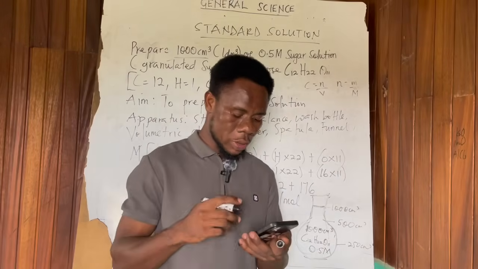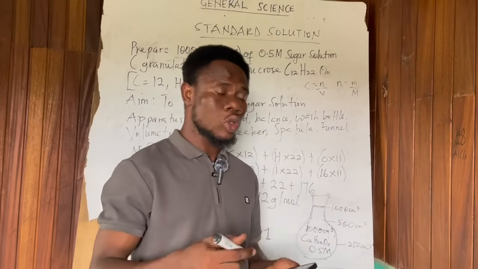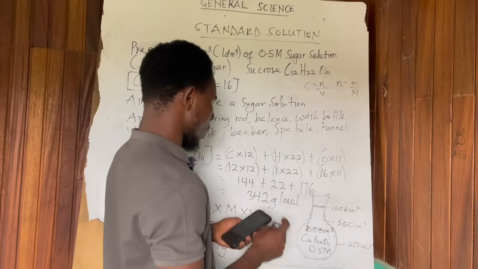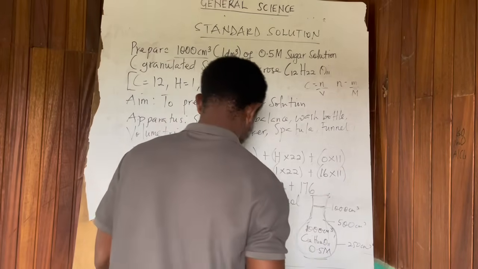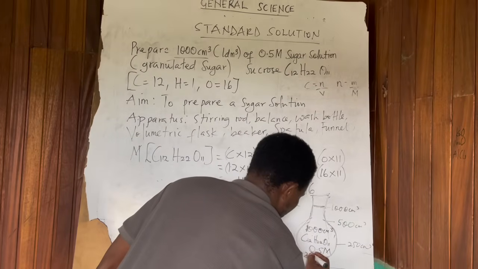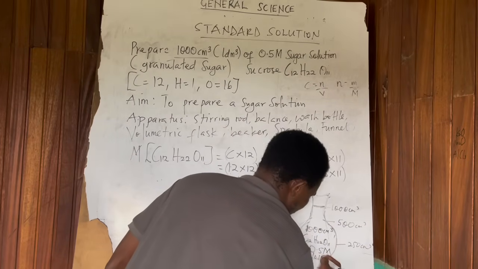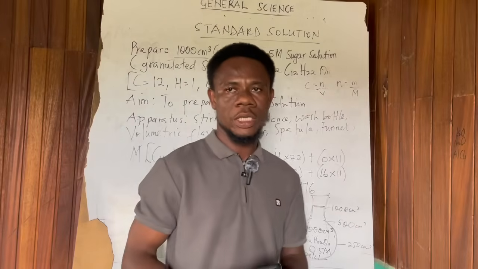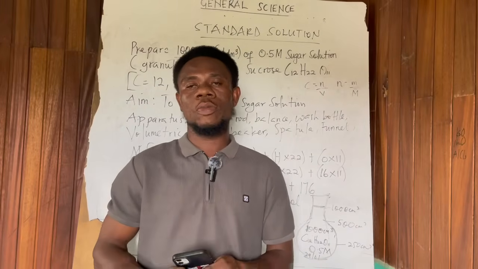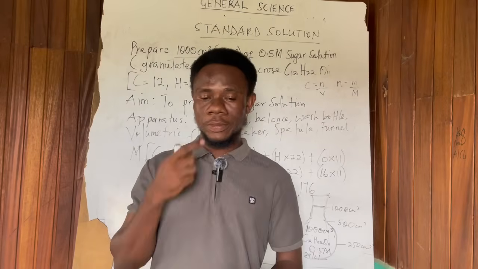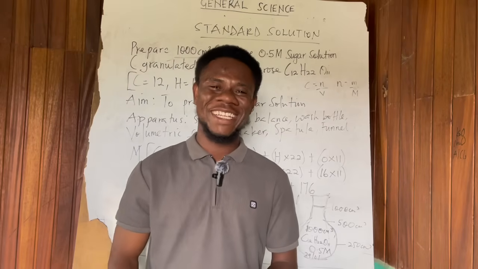You label the concentration, and you add the date, for example 29/0 days 2026 or any date, the date you used to prepare the solution. Then you are done.